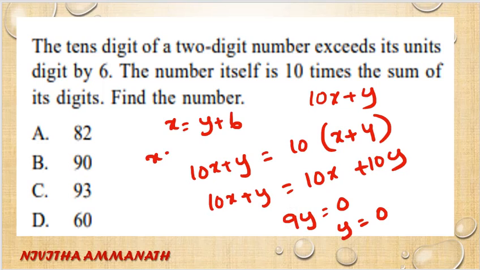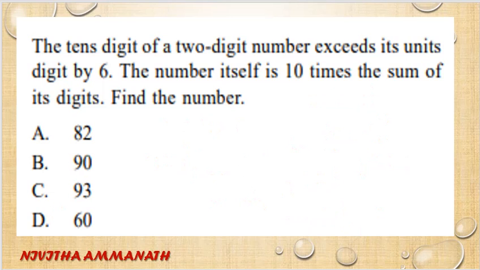So, x equal to y plus 6, that is 0 plus 6, x equal to 6. X equal to 6 and y equal to 0, which is the number 60 only. 10 into 6, that is 60, plus 0, 60. So, D is the correct option. Next question.